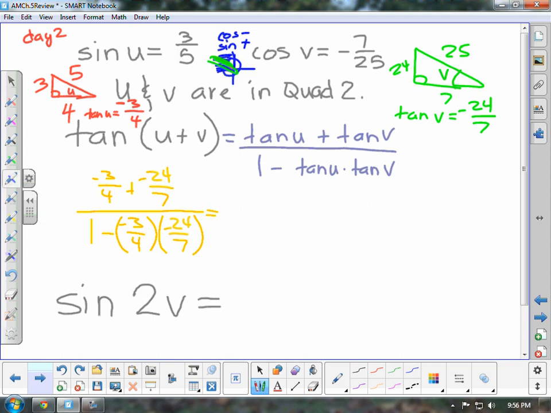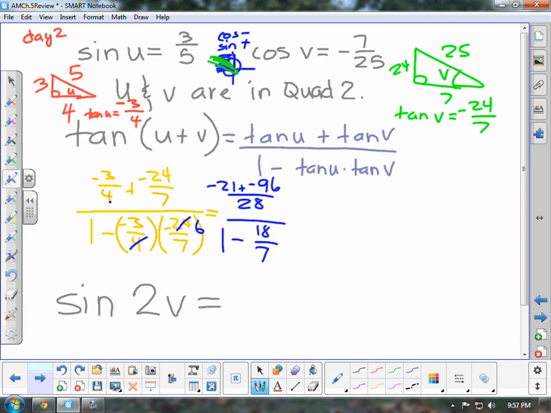Simplifying this down then, you have to get a common denominator, which is 28. 7 times 3 is a negative 21. 4 times 24 would be plus a negative 96. And in your denominator, you're multiplying, you'd have 1 minus, and 4 goes into 24 6 times. So you'd have 1 minus 18 over 7.